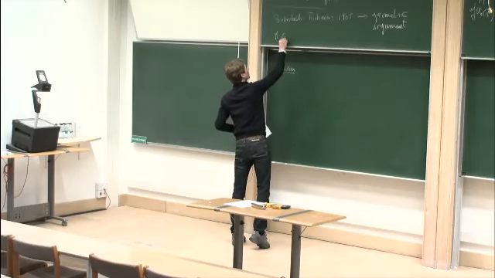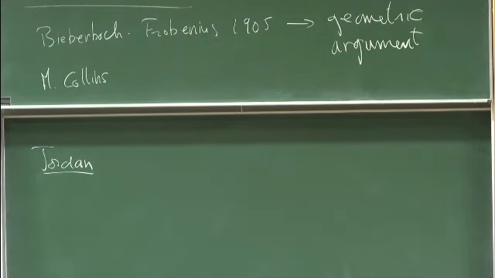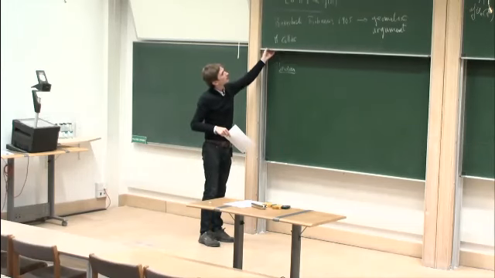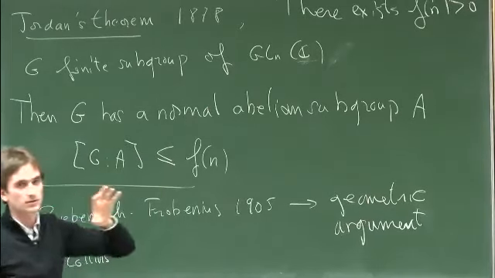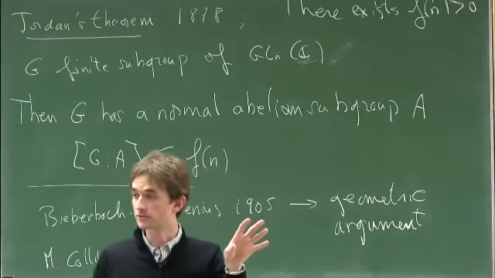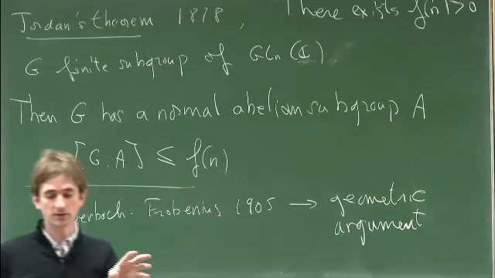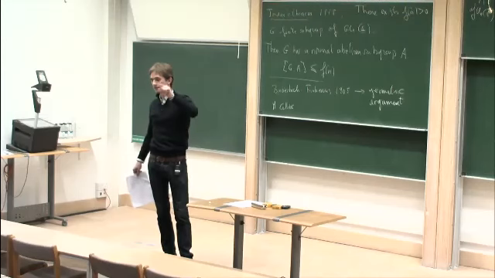who got the best possible bound. So you see here that an obvious subgroup of GLNC is the permutation matrices, right? In fact, the permutation matrices Sn acts on C to the n minus 1, right?